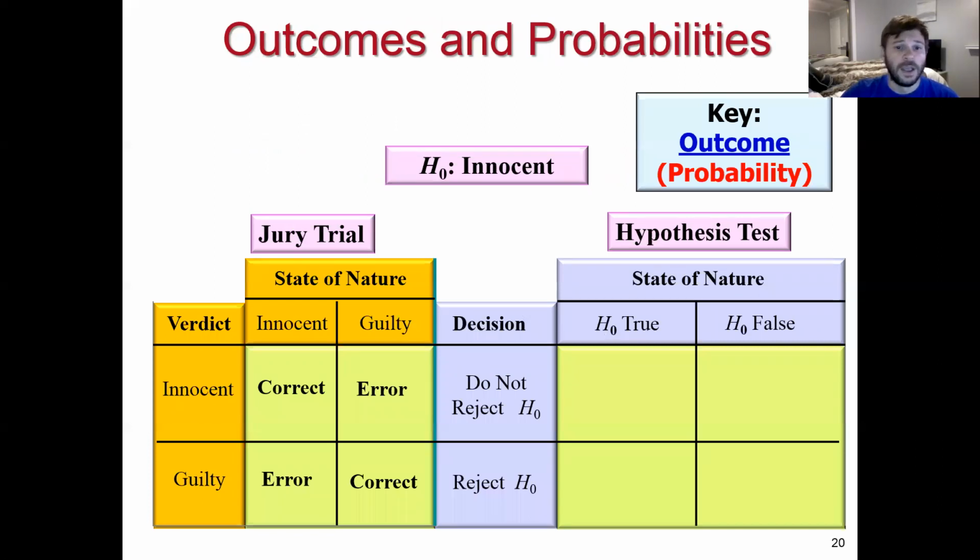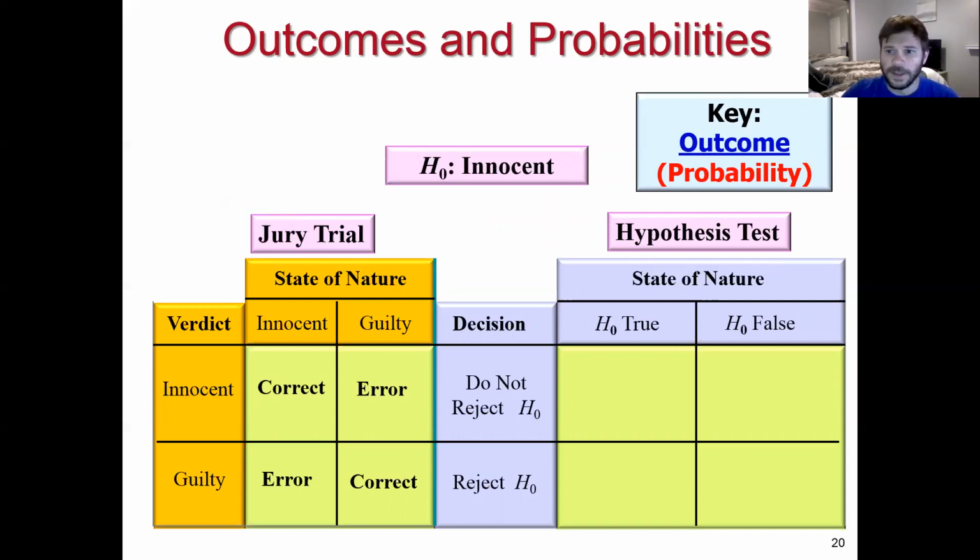Now, I've broken down this grid here to think about the context of type 1 and type 2 errors as they relate to a jury trial. We've discussed this idea before, where in the jury trial, the null hypothesis is that you're innocent until we've provided enough evidence against that, at which point we could reject that hypothesis in favor of guilt.